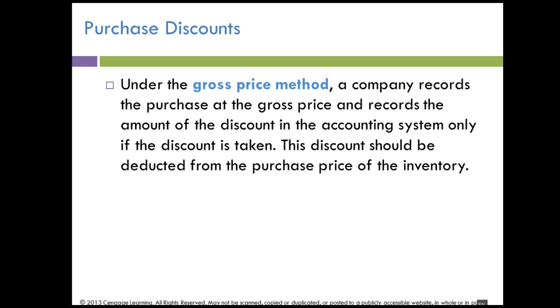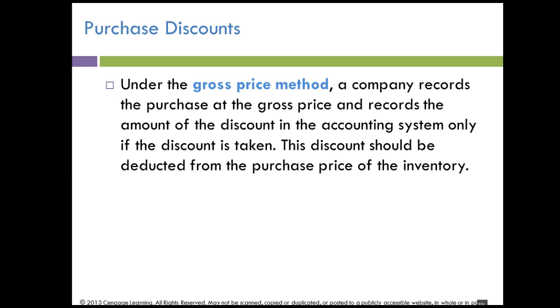Now we know purchase discounts will reduce the inventory cost of those goods. We've got different methods, and we're going to talk about the gross price method, where in this method, the company is going to show the purchase at the gross price and also records an amount of the discount only if the discount is taken.